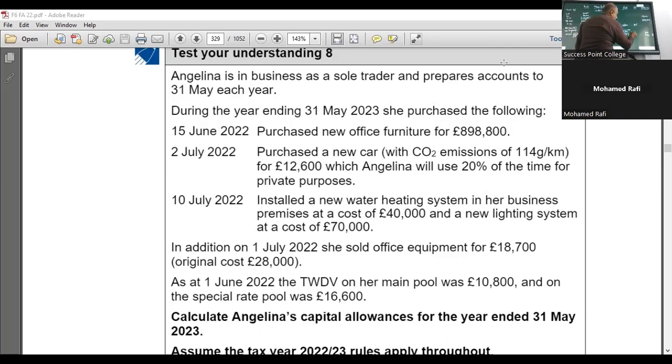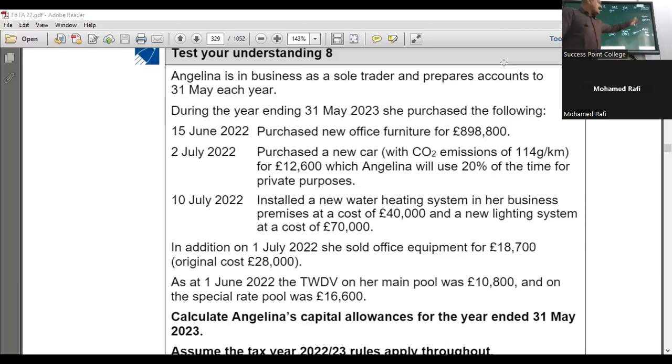756. But we will only take 80% of this into the allowances column. How much? 605. So only 80% is claimed as allowance, although we will deduct the whole amount from the car.